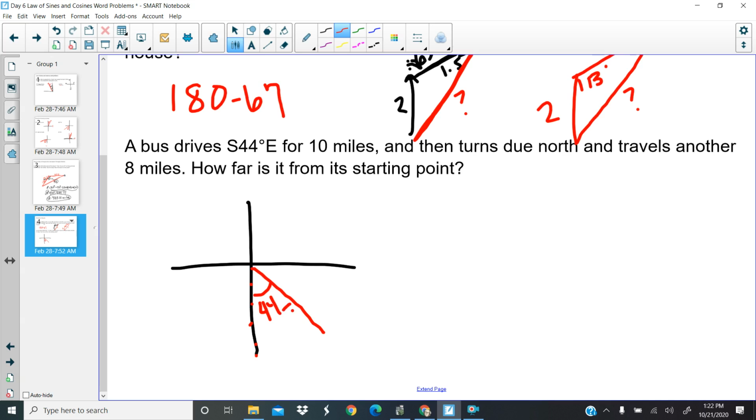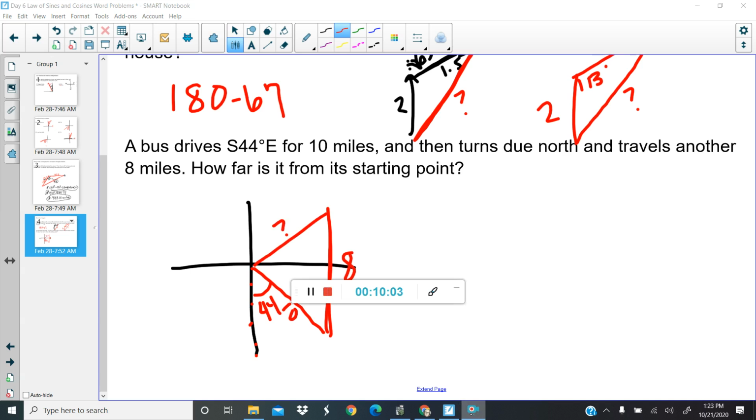So the length of this side is 10. Then it turns due north and drives another 8 miles. So it goes due north and it goes another 8 miles. And we want to know at that point how far it is from its starting point. So we're looking for that last side there.